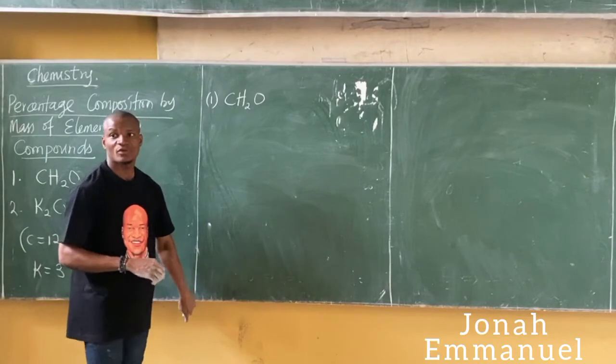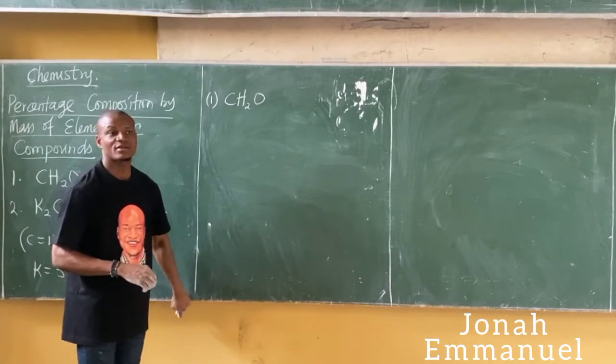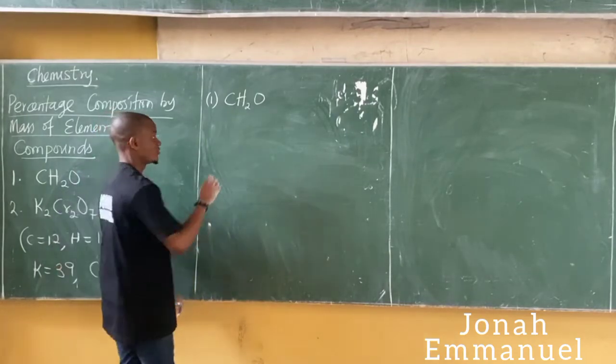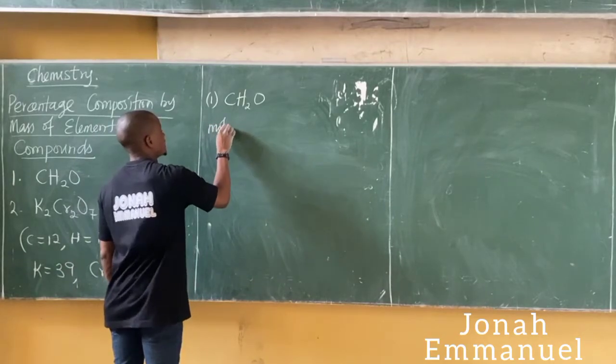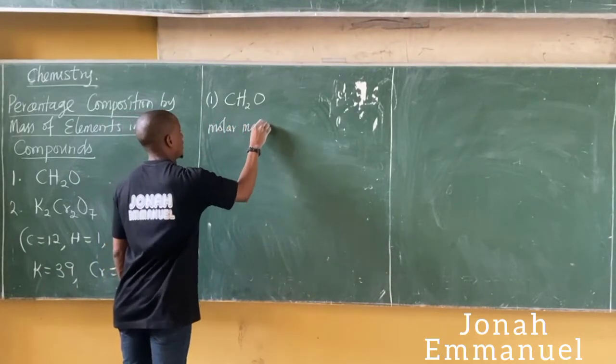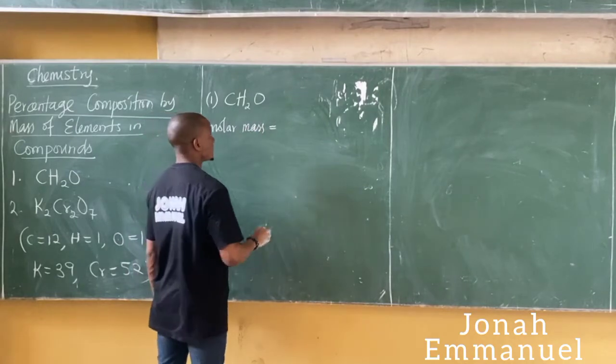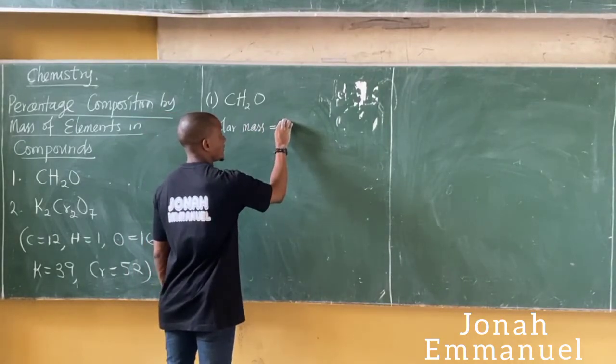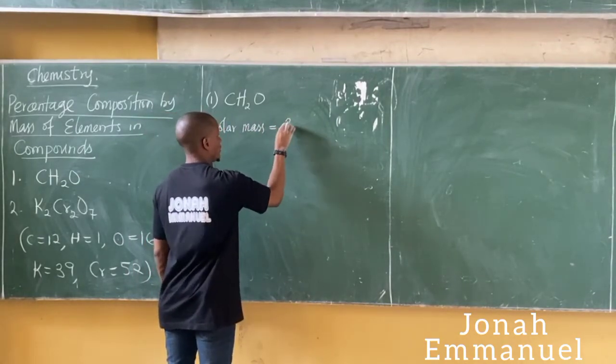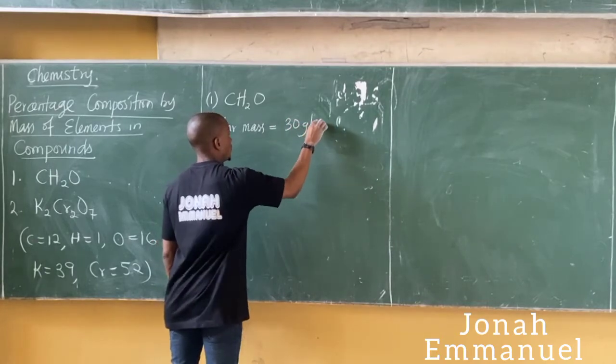Look at it. Your first task is to get the molar mass. You already calculated the molar mass of this. How many, please? 30 grams per mole.